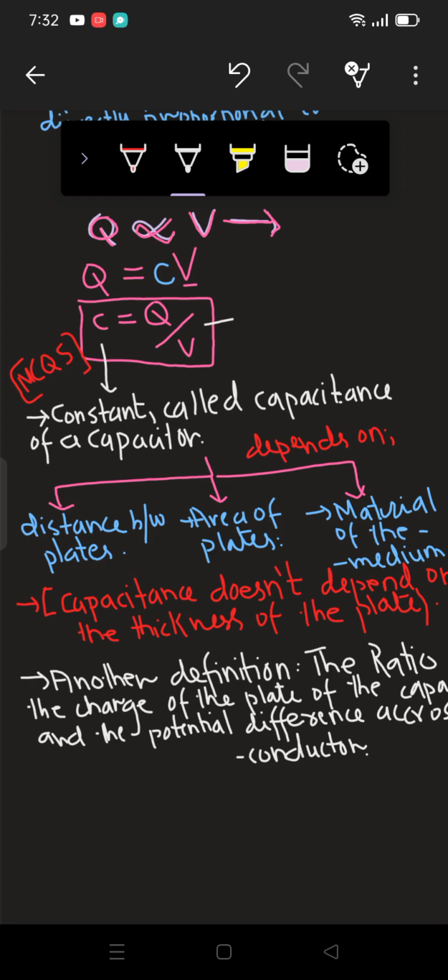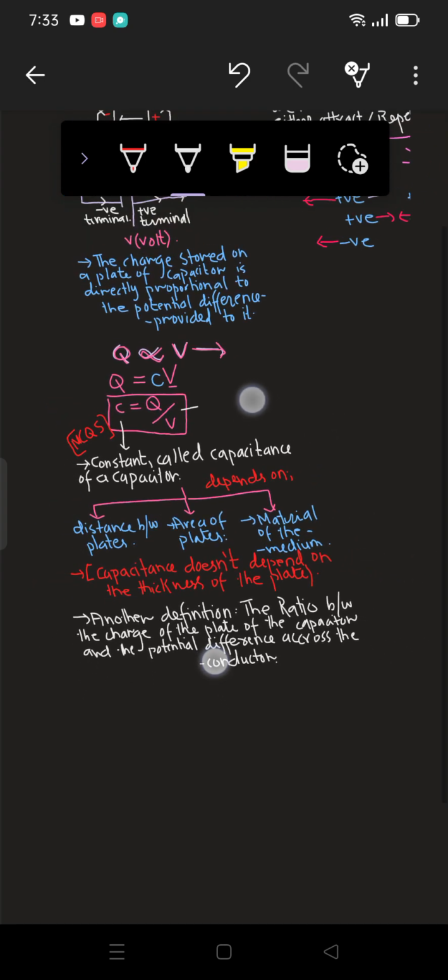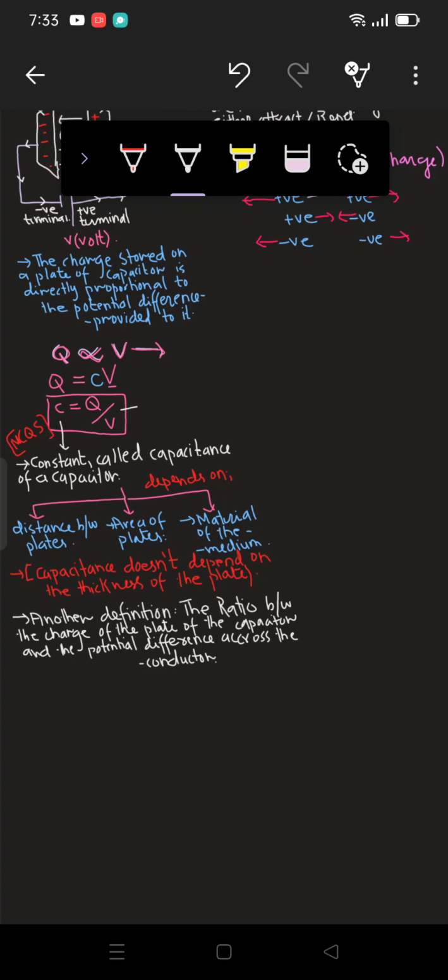Because of this equation, we have got another definition for the capacitance of a capacitor, the constant, which means the ratio of the electric charges stored on the plate of the capacitor divided by the potential difference across the conductor is what we call the capacitance of a capacitor, the constant, right? So this is what we have discussed in today's video.